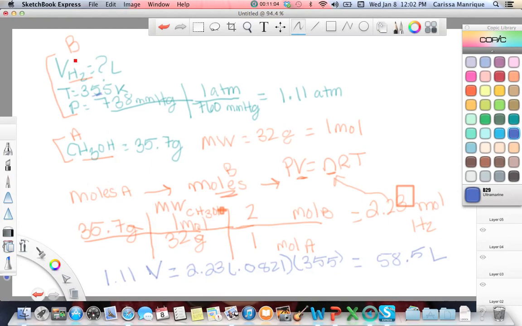At the end of pretty much any gas problem, you'll use PV equals nRT. We had P, we're trying to find V, we had T, we always have R. So that means I'm missing n. So here's my stoichiometry part: I converted grams of A into moles of B, and plug that into PV equals nRT.